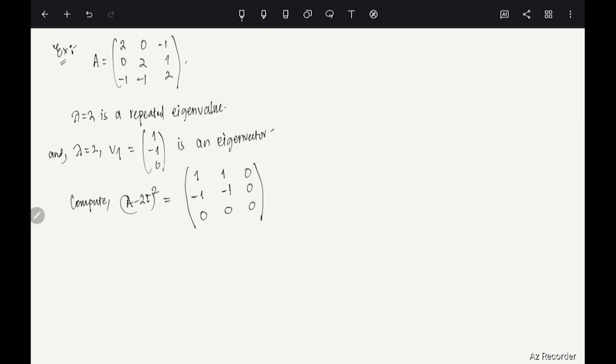Now I am going to find a vector v3. I already got v1, and I want to get v2 and v3. So we'll choose v3 such that (A minus 2I) squared v3 is v1.